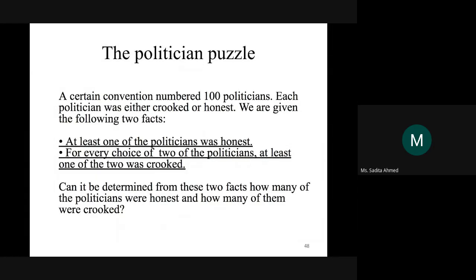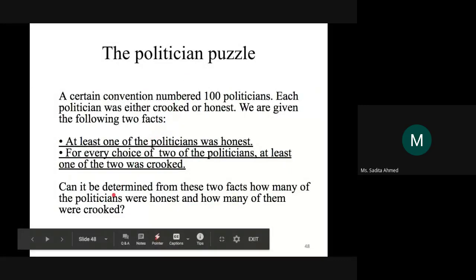Is there anybody here who has any doubts regarding the solution itself, as in the answer, that there's going to be one honest politician and 99 crooked politicians? The question is, how many politicians were honest and how many of them were crooked?